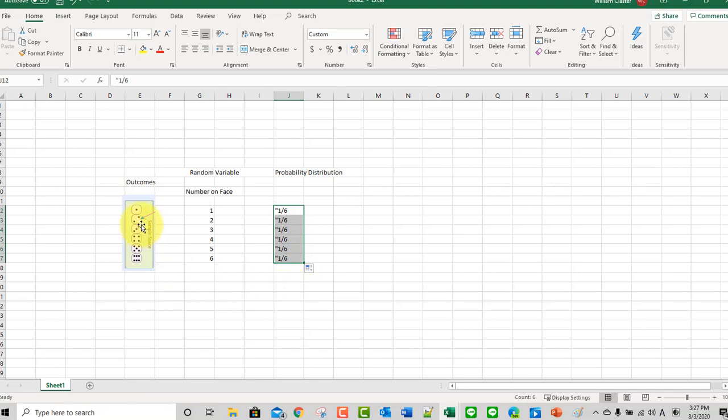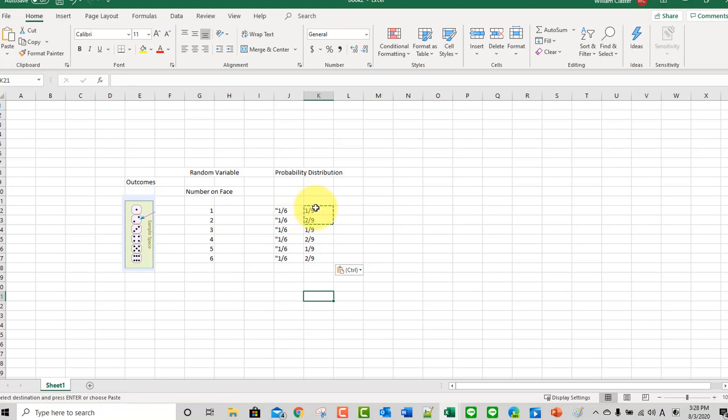Now, maybe this is not a fair die, and these are not all equally likely, in which case we might have 1/9. We might have 2/9. And then we might have, let me just copy these. So they're not all equally likely.